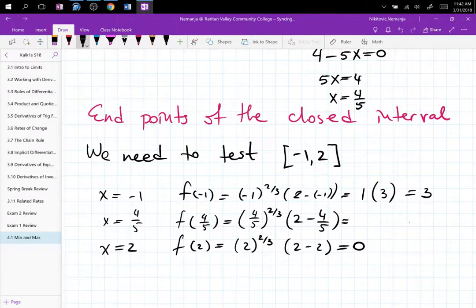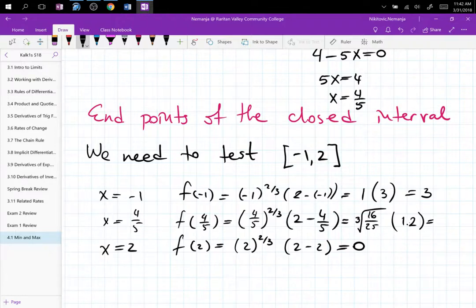Now, what is this thing with 4/5? When I square this, I get 16 over 25. And then I have a cube root of that, times, and over here, 2 minus 4/5 is going to give me 1 and 1/5, which is 1.2. You can use decimals over here. I mean, you have to use decimals because you have a cube root of values that you can't cube root anyway.